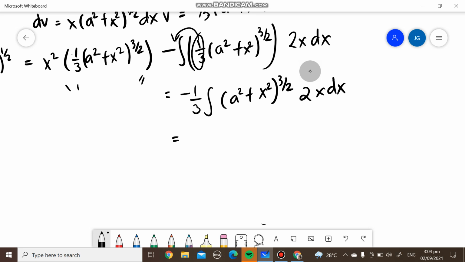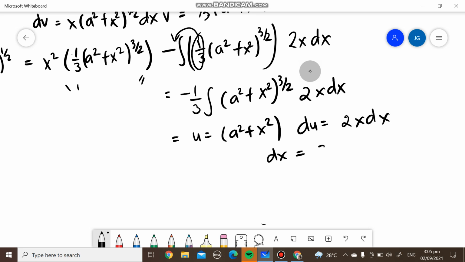Okay? So, let's set u as a squared plus x squared. And then let's set our du, the derivative of u, which is 2x dx. So, what's the value of our dx? The value of our dx is simply du over 2x. What we are doing here is simply manipulating this to get the dx.